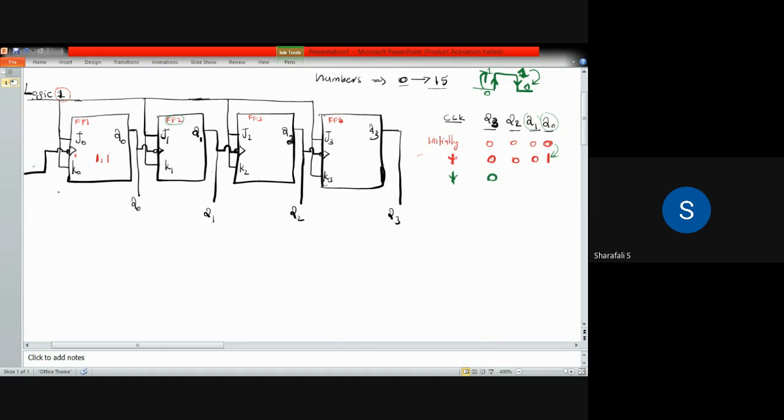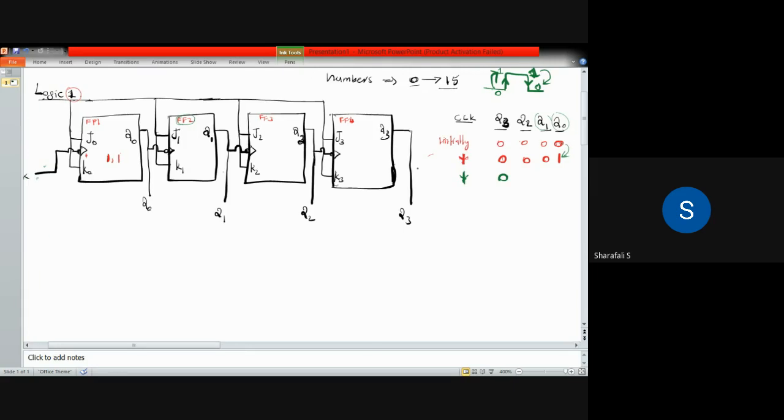So because of that clock applied at the first flip flop, Q0 will become 0, because the toggling will happen and the Q0 value will change. Now Q0 is changing from 1 to 0, as you can see.